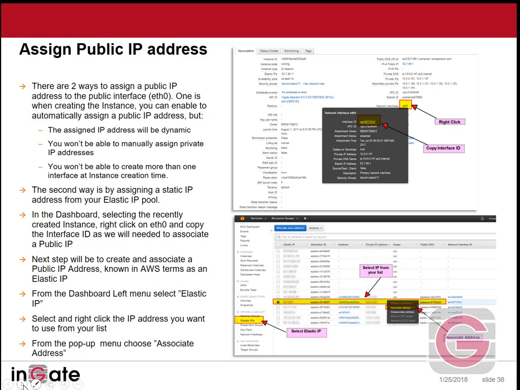In reality, what is happening there is a NAT one-to-one between that public IP address and the internal private IP address on the public subnet.